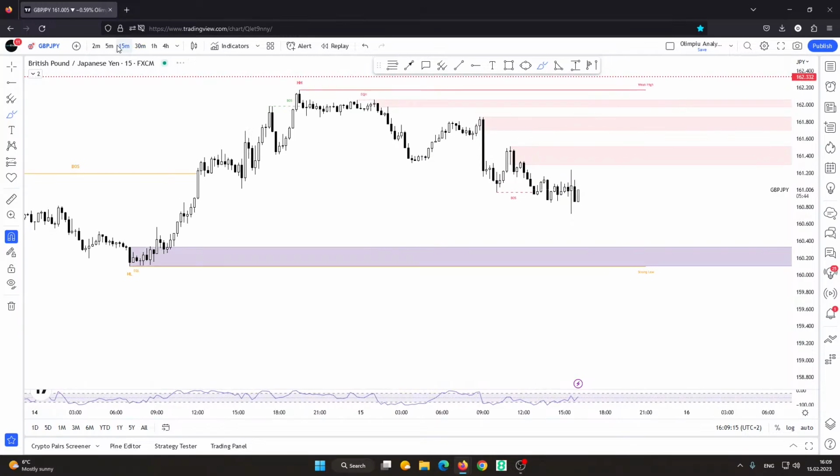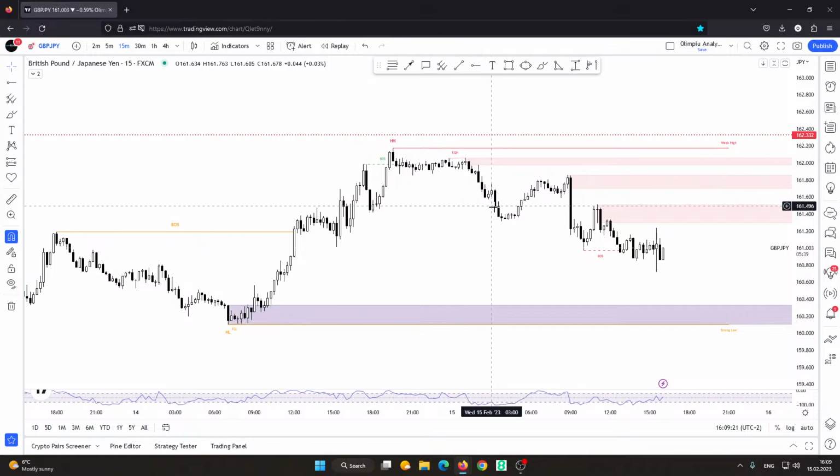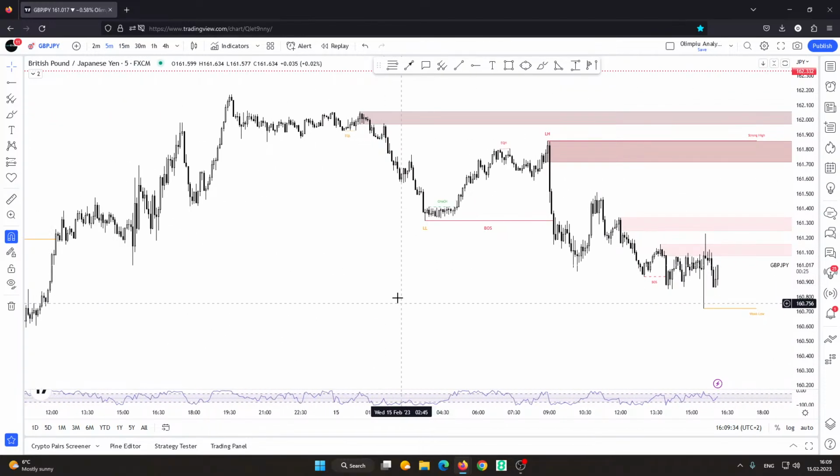So on lower time frames, let's take a look here. Maybe on this breakdown, after taking out this former low, we had an opportunity for a potential short. Also here maybe a breakdown, but on this rebound maybe we had an opportunity there.